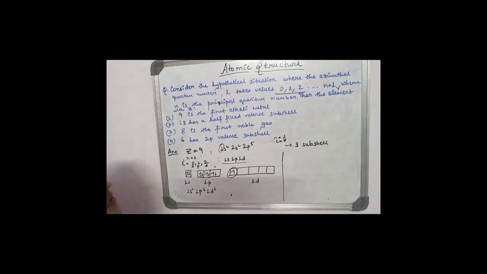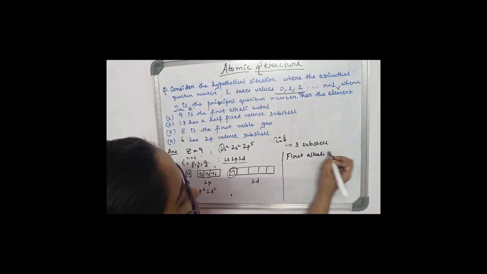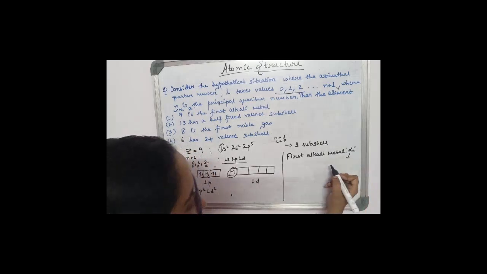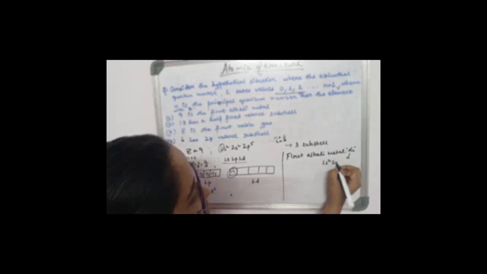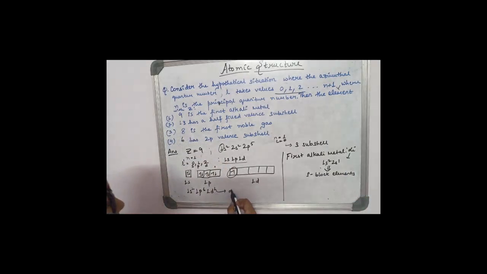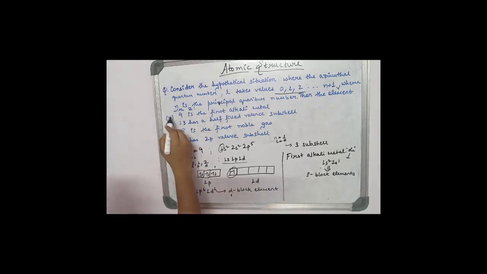Now, the first alkali metal is lithium. How does it look? The electronic configuration of lithium is 1s2, 2s1. So, is it similar? No, it is not. Why? Because lithium or alkali metals are typically s block elements, and in this case, this is a d block element. So this is not true. So we cross it this way. This is not true at all.